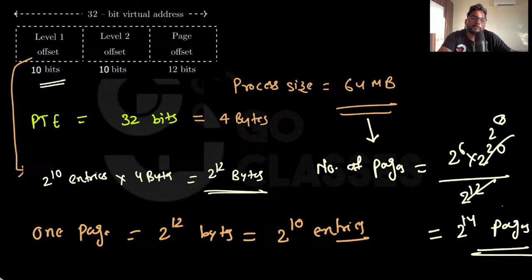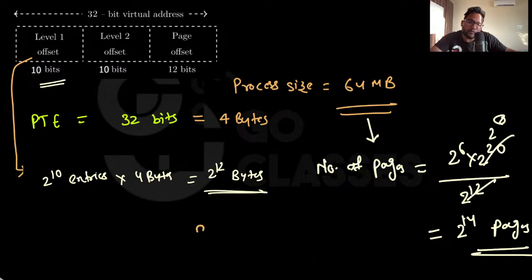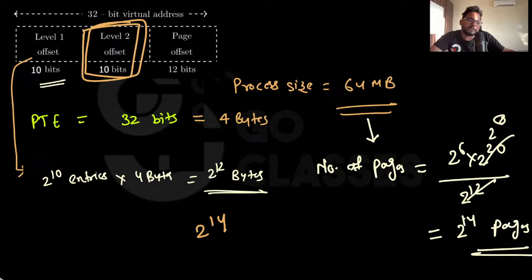Are you getting my point? One page table can take 2 power 10 entries at this level, and we need 2 power 14 entries. So 2 power 14 is the total number of entries we need, and 2 power 10 is the number of entries which one page table can accommodate.